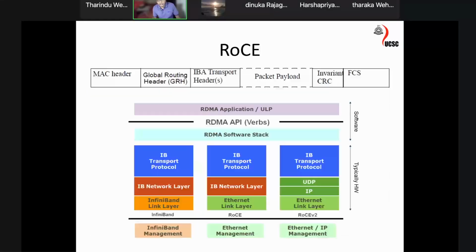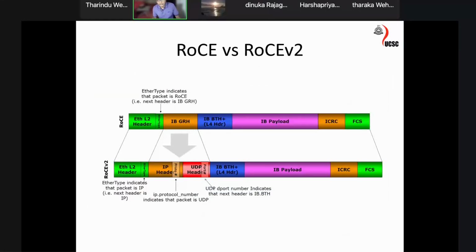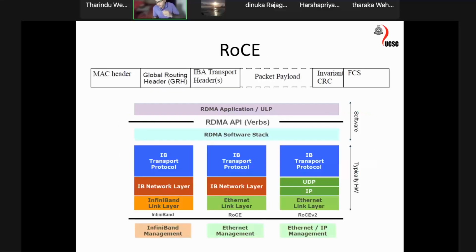In the last two slides, you can now implement InfiniBand technologies on top of Ethernet. First, there is something called RoCE, which is available on most network cards, and the switches are now supporting it.